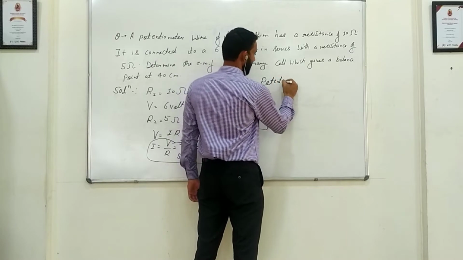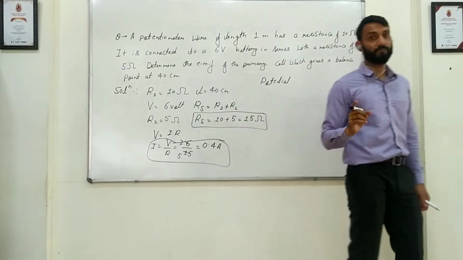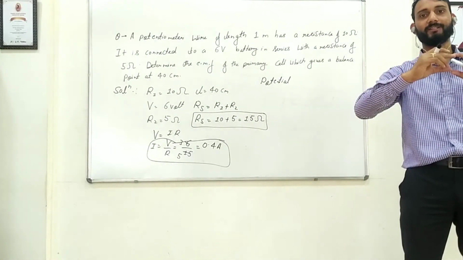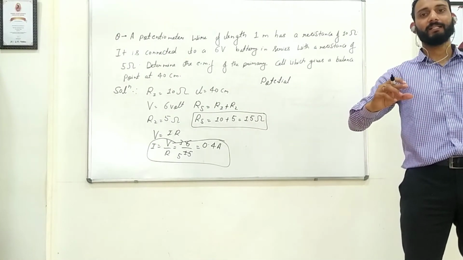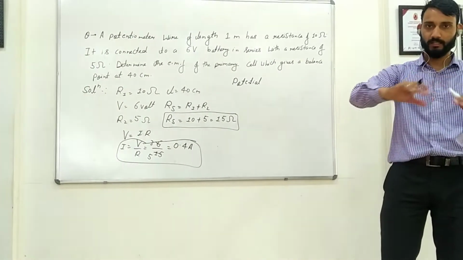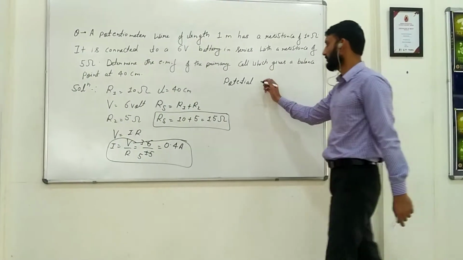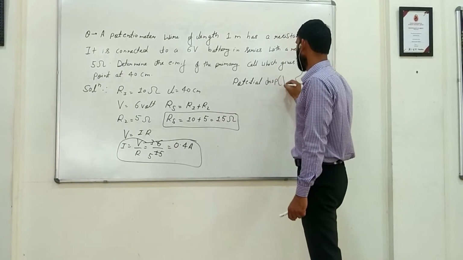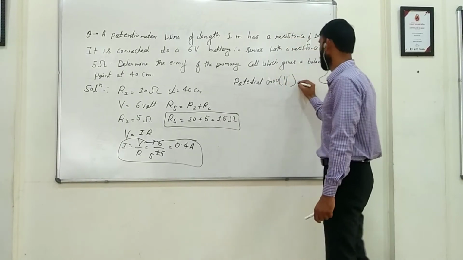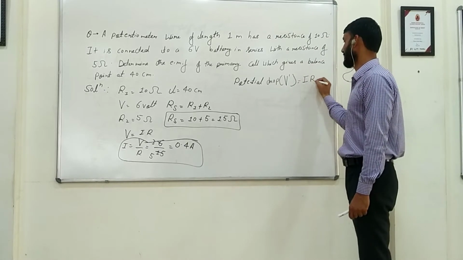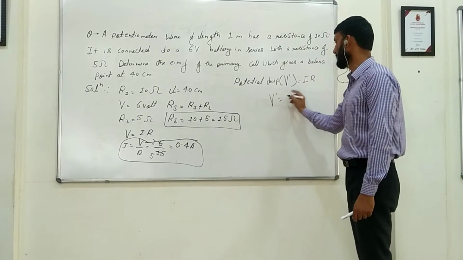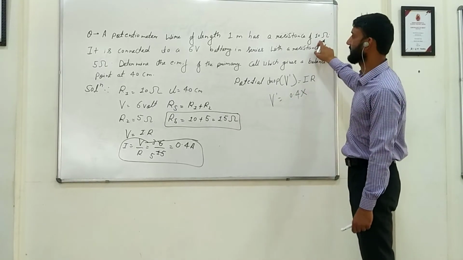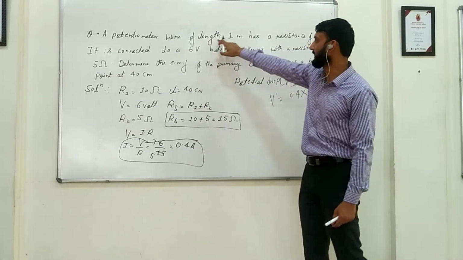Because the principle of the potentiometer is that the potential drop across the length of the wire is directly proportional to the length of that particular wire. So potential drop, let me call it as capital V dash, will be equal to I into R. So this V dash will be equal to I, which is 0.4, and what is the resistance of this potentiometer wire?